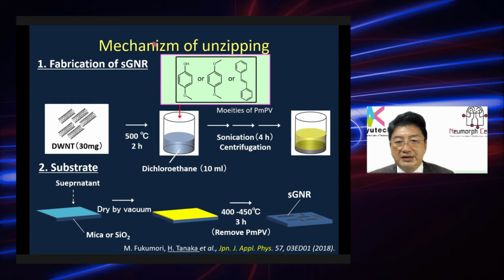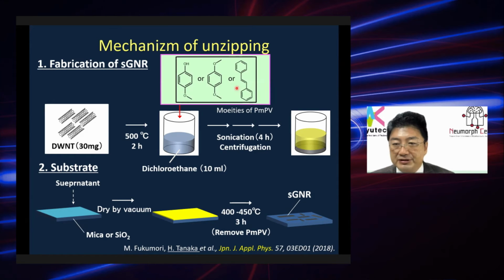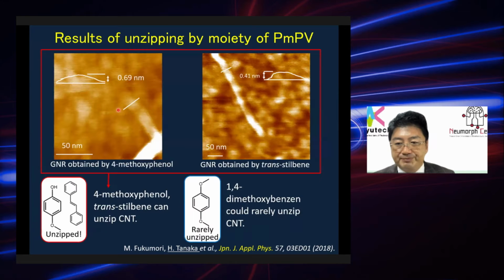And we used some varieties of PMPV. This is the PMPV used, and some varieties, this one, so which part of the functional group is working for unzipping of carbon nanotube can be found, and we tried.